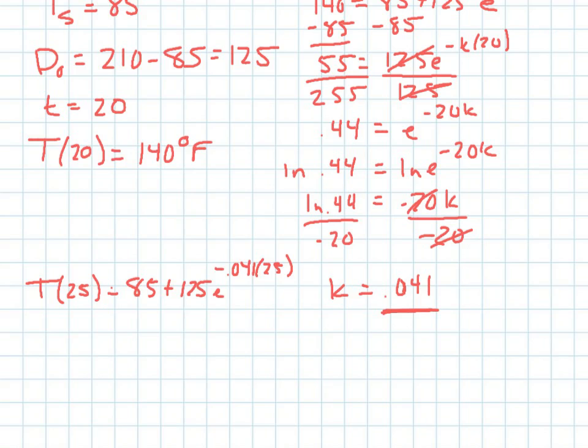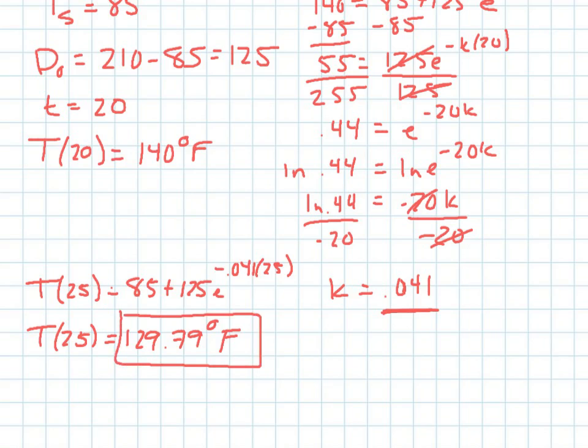So I get negative 1.026, and then take e to that power. I get 0.358, then times 125 gives me 44.79, and then add 85 to that. So the temperature of my coffee after 25 minutes should be 129.79 degrees Fahrenheit. That should be my answer.